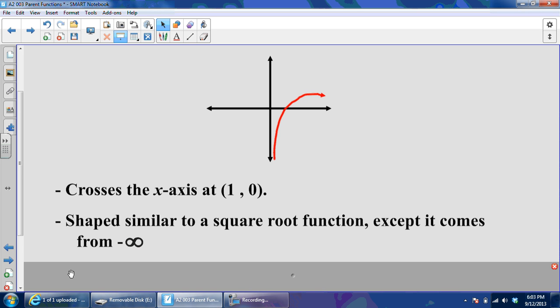That's a characteristic of the parent function for a logarithmic graph. Logarithmic parent function crosses at (1, 0). And as you see there, the shape is very similar to the square root function, except it comes up from negative infinity in quadrant 4, crosses the positive x-axis into quadrant 1, and then levels out and heads off to positive infinity.